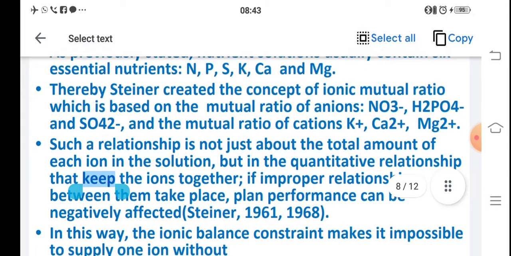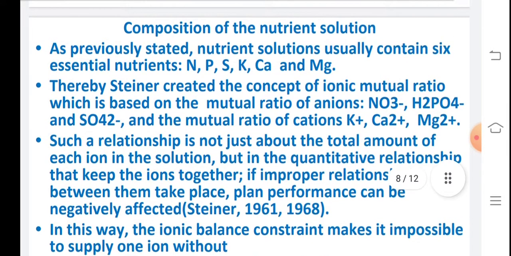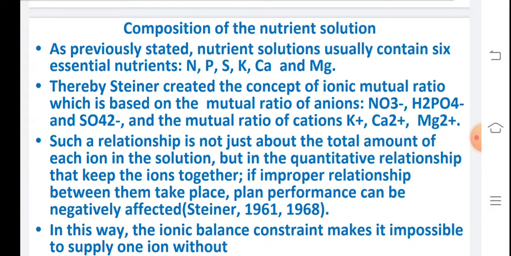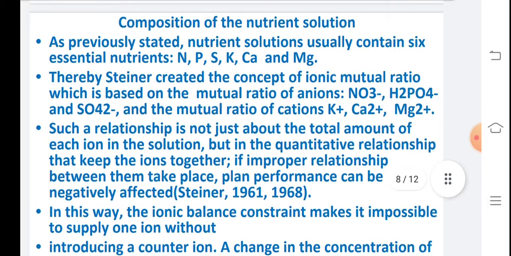As stated previously, nutrient solutions usually contain 6 essential nutrients: N, P, S, potassium, calcium, and magnesium. Thereby Steiner created the concept of ionic mutual ratio, which is based on the mutual ratio of anions NO3, H2PO4, and SO4^2-. The mutual ratio of cations K+, calcium, and magnesium is important.